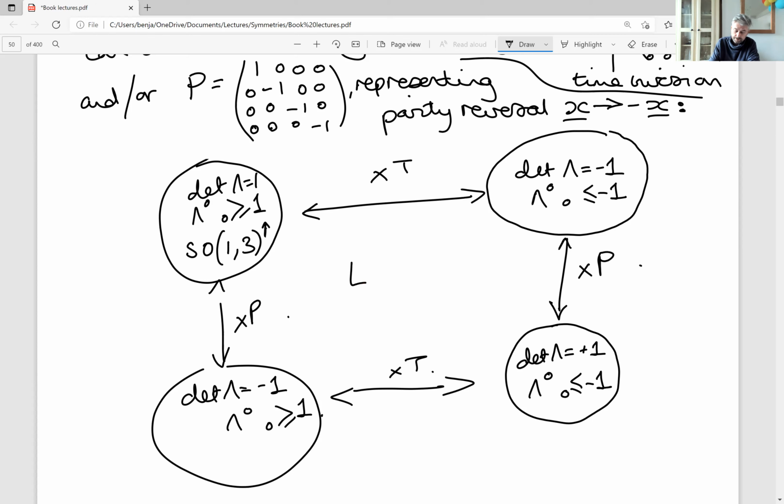So this is a picture of the Lorentz group. So what we're going to do now is look more carefully into this top left-hand corner, because the rest, we know how to reach the other disconnected parts now with these matrices P and T.